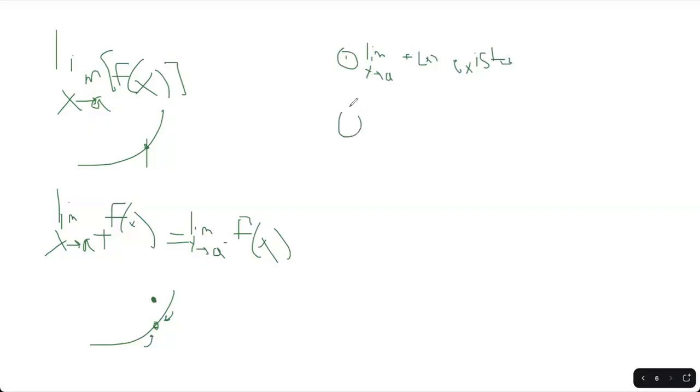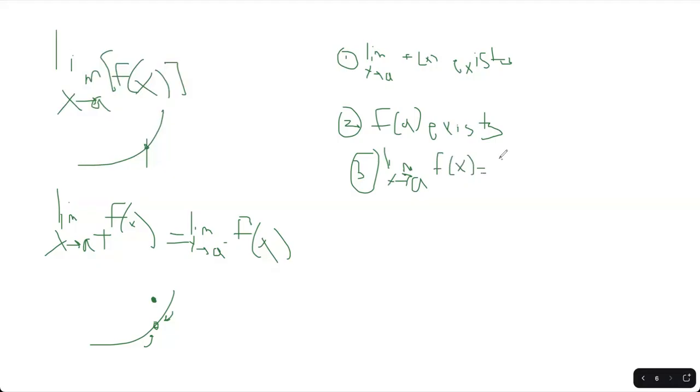Check if that's true. The second one is f of a exists. So make sure the actual function has a point there. Otherwise, there's a hole, meaning it's not continuous. And the third one is make sure that the limit as x approaches a of f of x equals f of a.